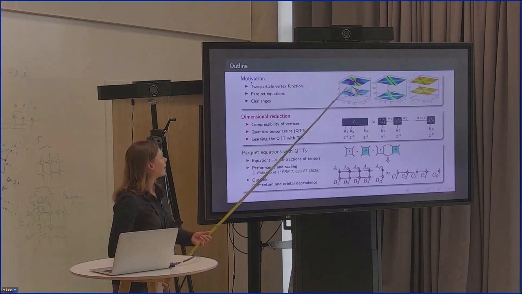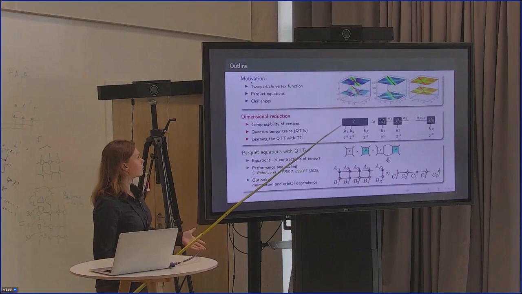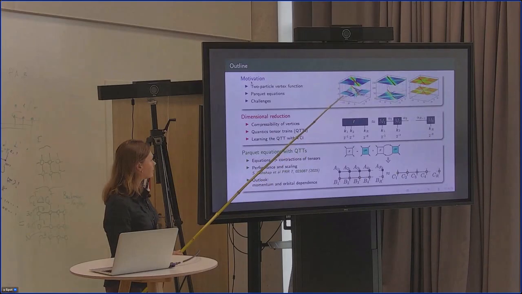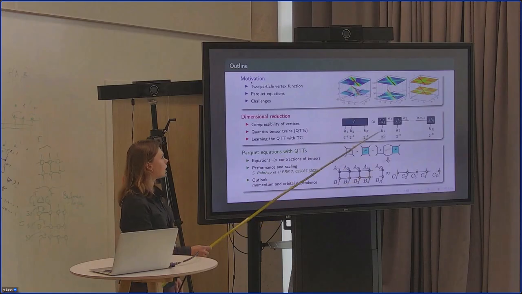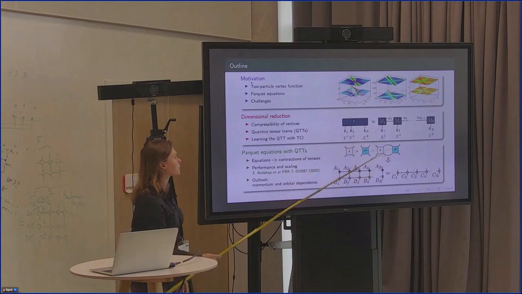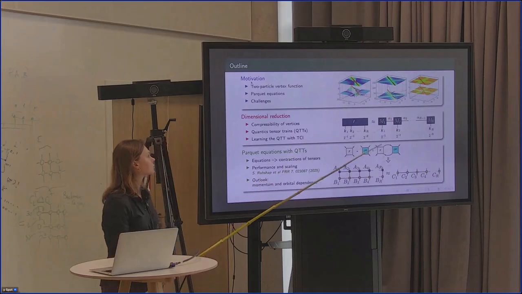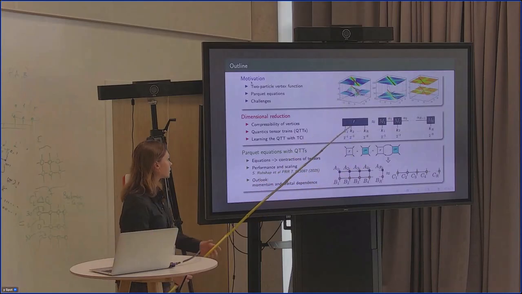I would like to do calculations with them, which is hard. So I compress them using quantics tensor trains, and then I do operations on the trains that correspond to the equations, the hardest of them being the Bethe-Salpeter equation.